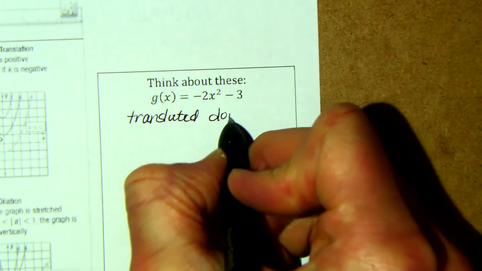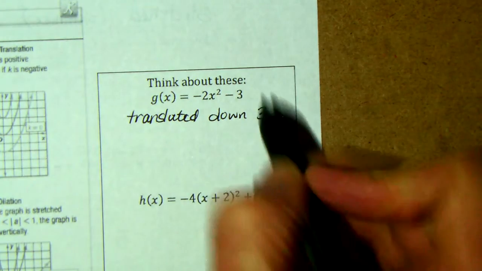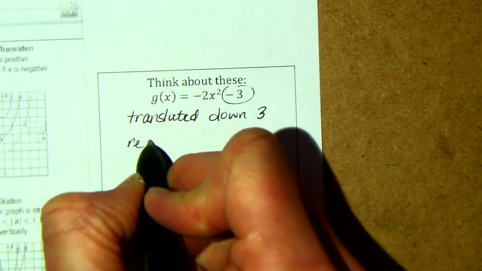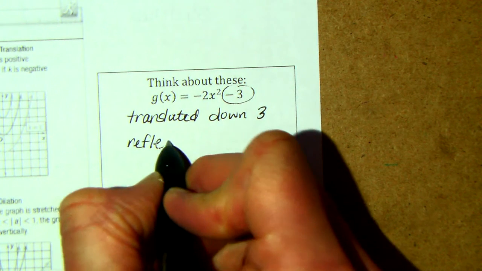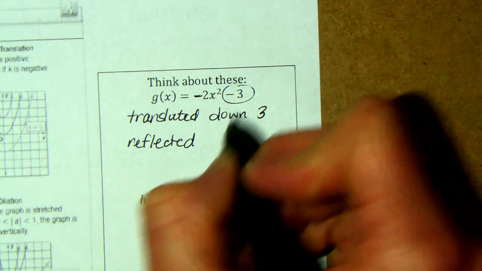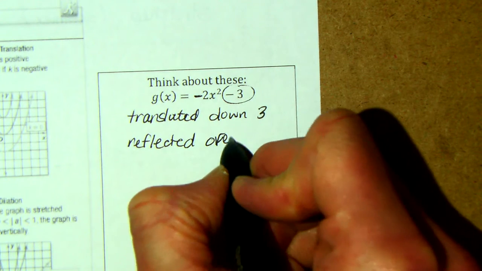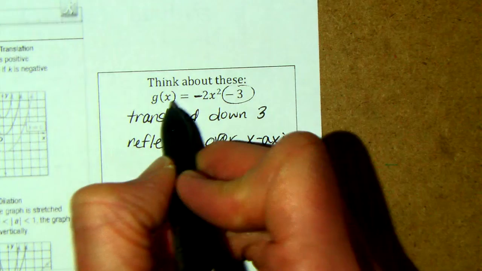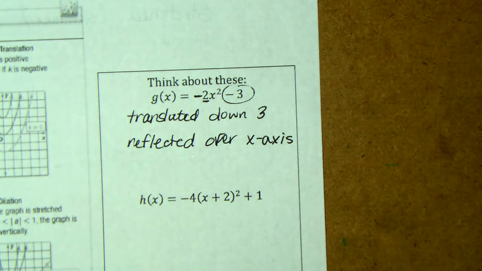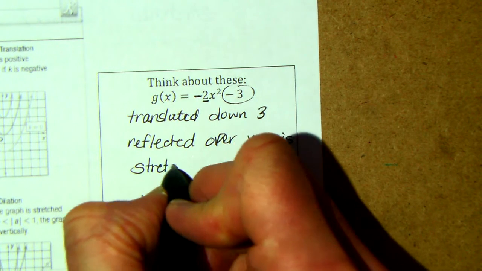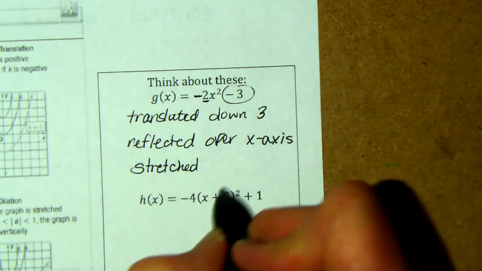Somebody already said reflected. So how do you know they're reflected again? Because this is negative. Yep, reflected over the x-axis. And then I heard somebody say it. See how 2 is bigger than 1? So what happens to our curve? It is stretched. Stretched means, imagine taking a string and stretching it. It gets skinnier. Yep.